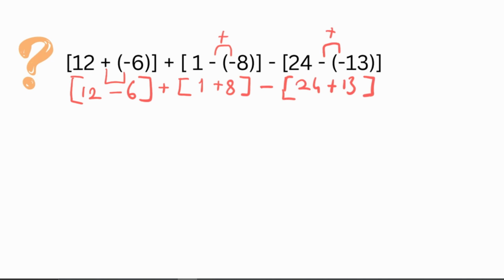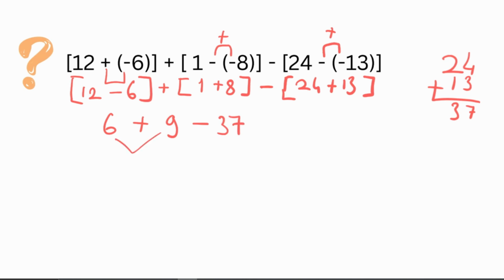So let's do inside of the parentheses. 12 minus 6 will give you 6, plus 1 plus 8 will give you 9, minus 24 plus 13. You can just write it on top of each other to make it easier. 4 plus 3 is 7. 2 plus 1 is 3. It's 37.